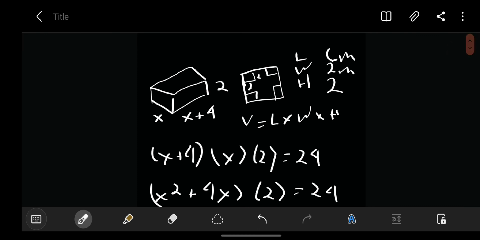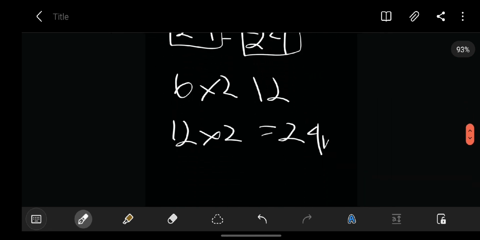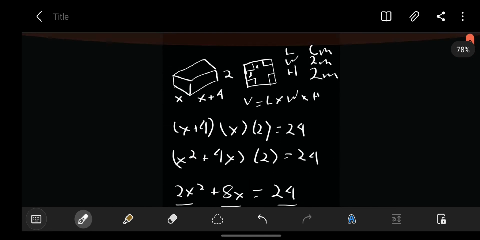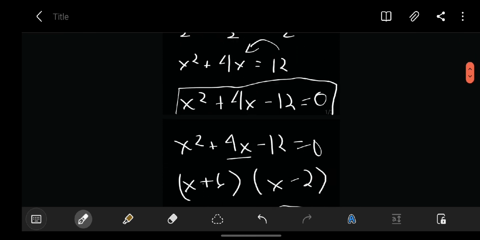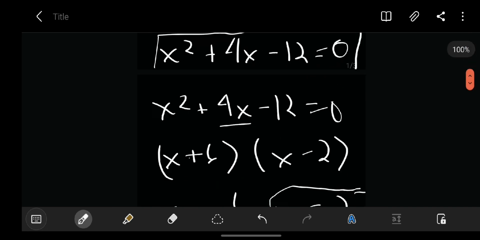Of course this is going to be in meters in order to find the volume. So our dimensions are length equals 6 meters, width equals 2 meters, and height equals 2 meters. Then if we multiply it all, it becomes 24 meters cubed. Why cubed? Because we multiply length times width times height, then it becomes cubed, of course.